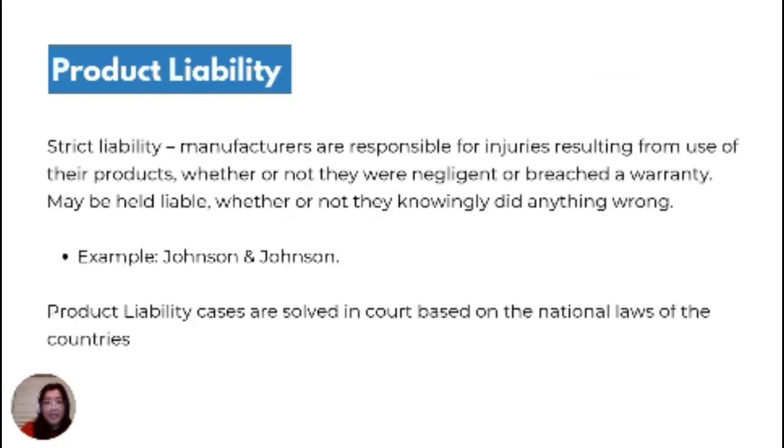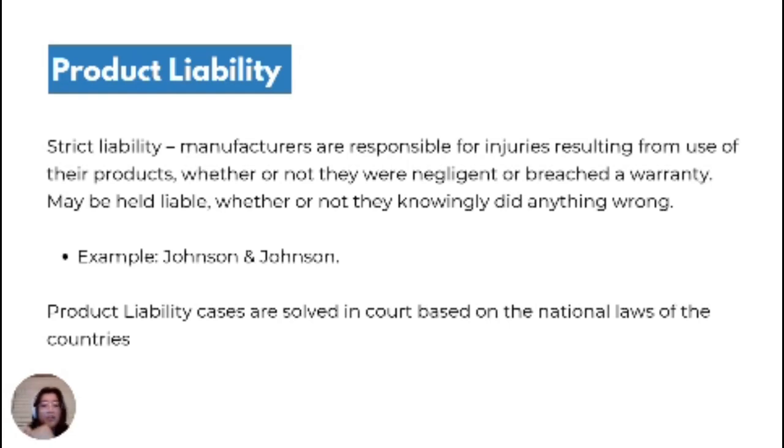Next topic that we have is the strict liability. So, manufacturers are accountable for injuries arising from the use of their products, regardless of negligence or warranty violation. They may also be held accountable regardless of the awareness of any wrongdoing. So, what are the key features of strict liability?